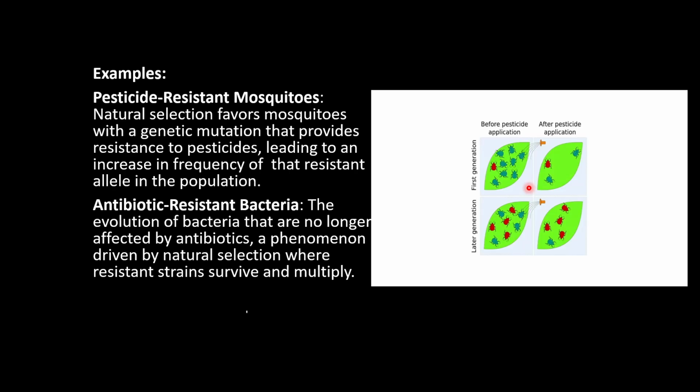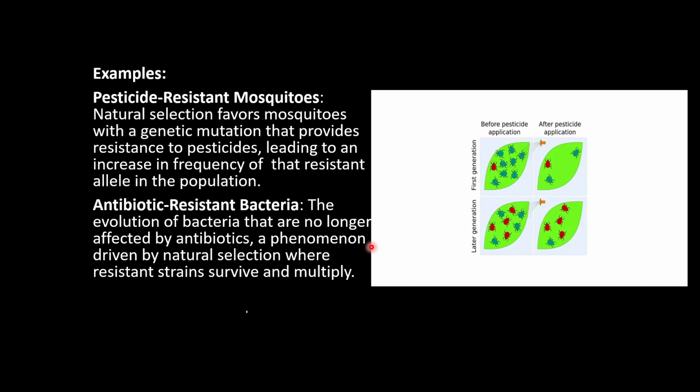To kill the pests, pesticides are used, but due to mutation, some of these pests change into red-colored pests. After the application of pesticide, the green-colored pests are totally eradicated, but the red-colored pests become resistant, survive, and are not eradicated by this pesticide.